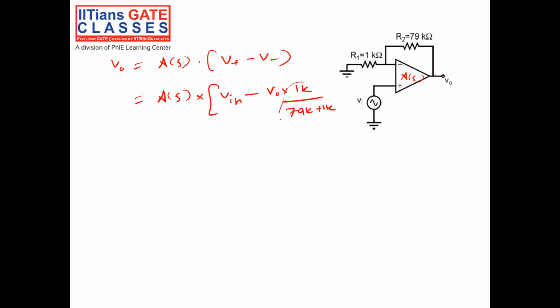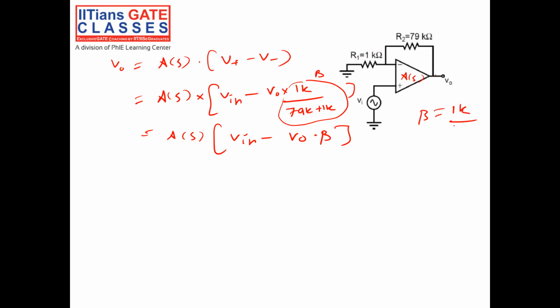This factor is called beta, the feedback factor. So A(s) into V in minus V0 into beta. Here beta is equal to 1K divided by 80K, so beta is 1 by 80.